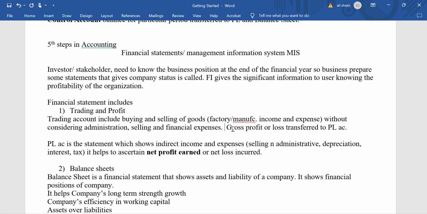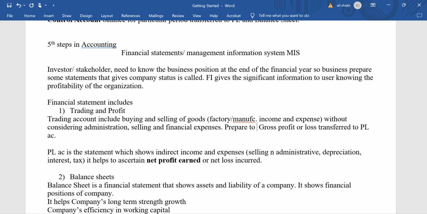It is prepared to know the gross profit or loss, which is transferred to profit and loss account.